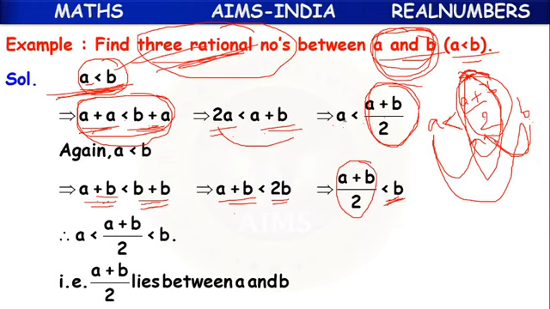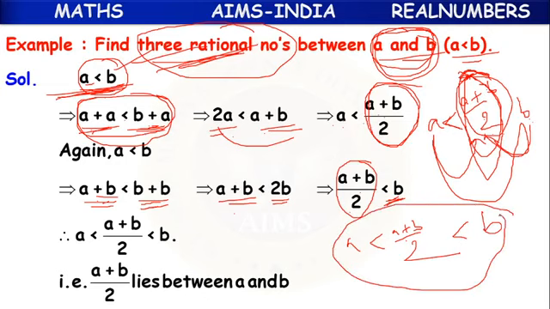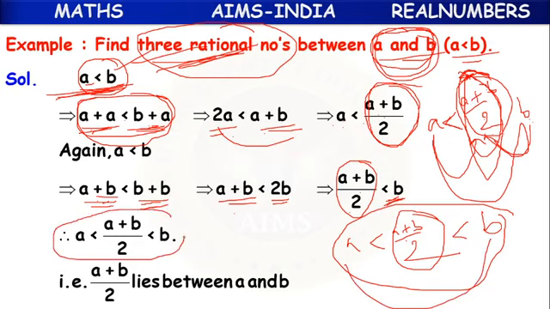So here a is less than a plus b by 2, and a plus b by 2 is less than b. So we have proved that a plus b by 2 lies between a and b. We have inserted one rational number, a plus b by 2, which lies between a and b.